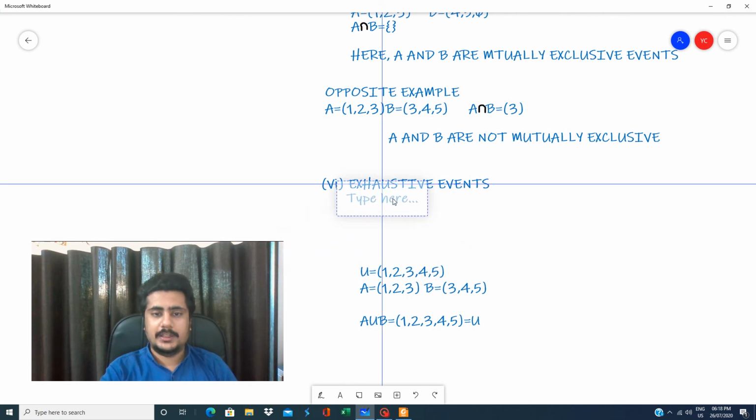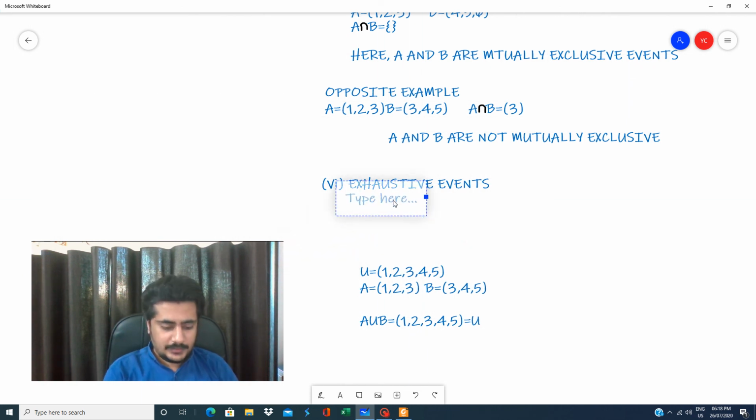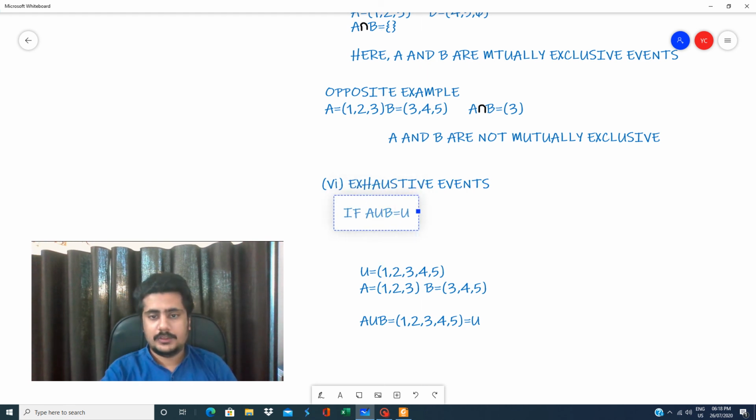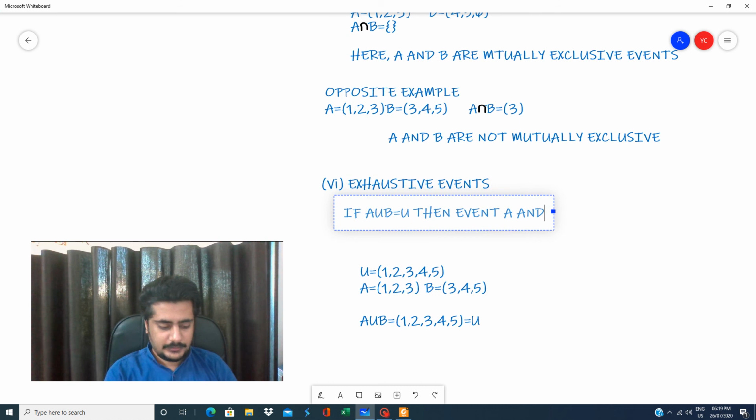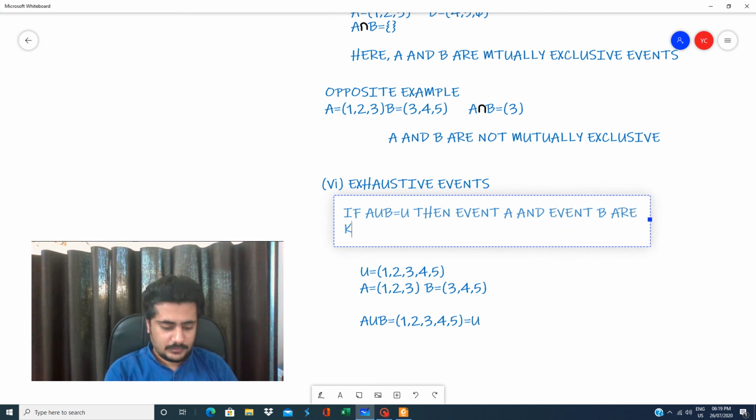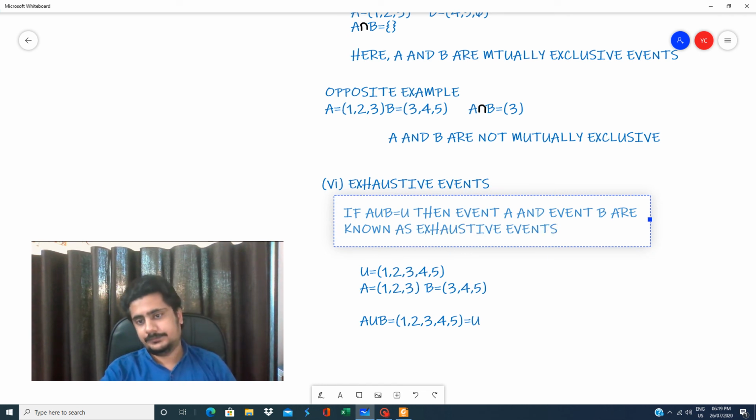So you can write it like this. If A union B is equal to U, then event A and event B are known as exhaustive events.